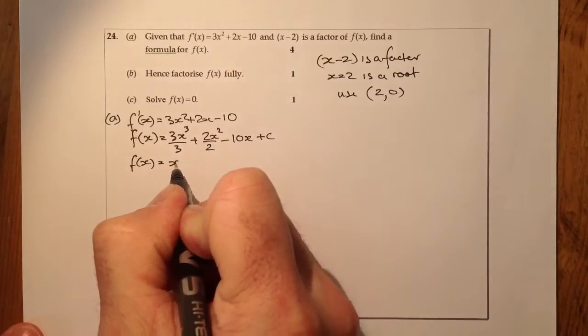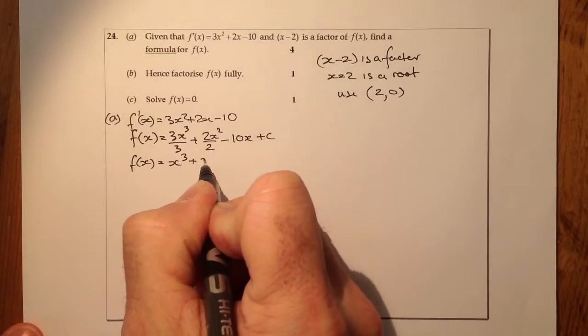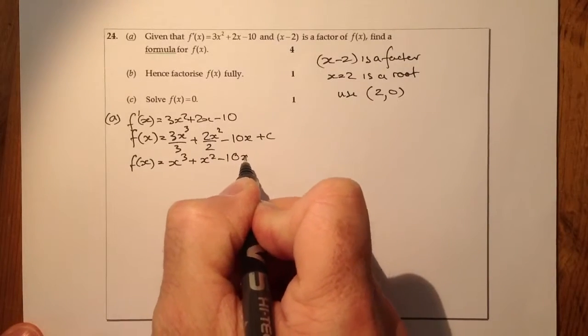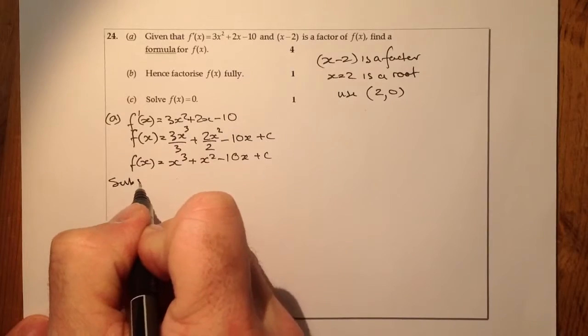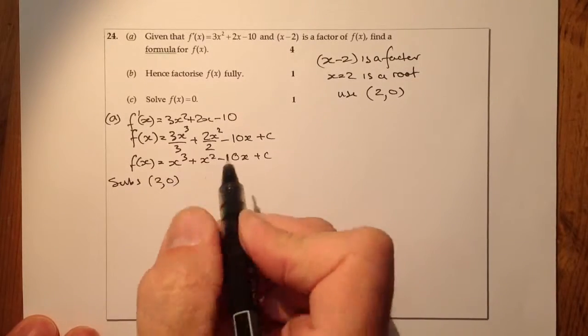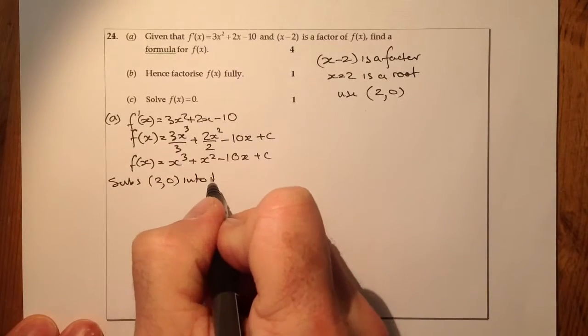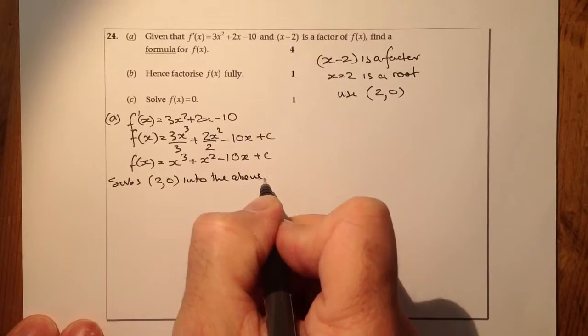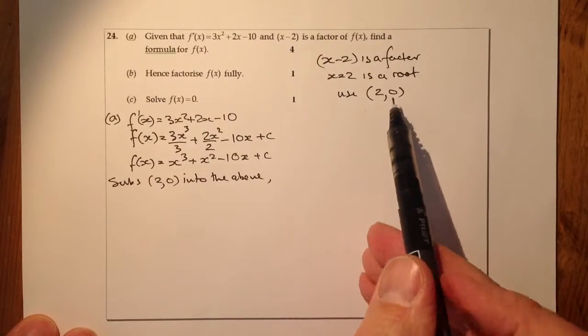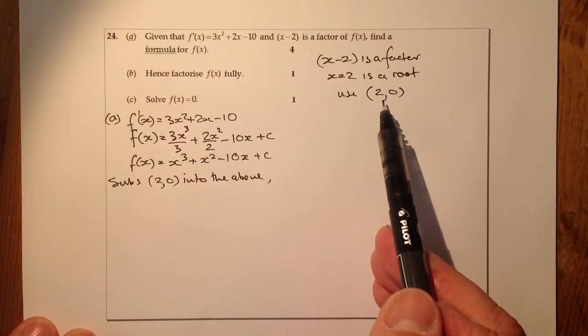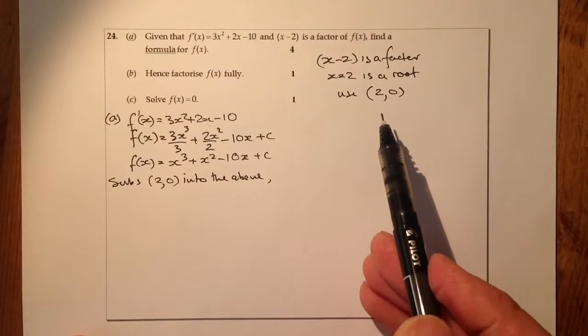So that's going to be x cubed plus x squared minus 10x plus c. And we'll substitute the (2, 0) into the above. The (2, 0) is just based on the root that I've got from this side here.